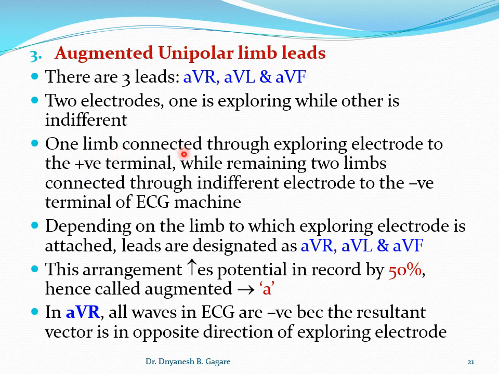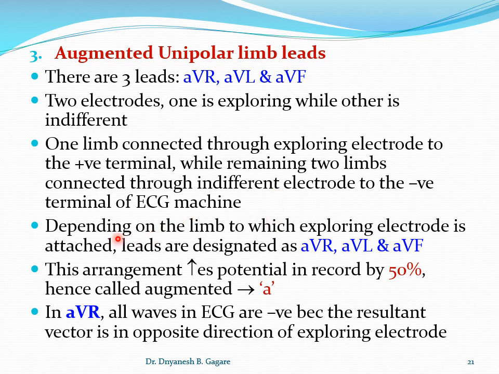And how is the indifferent electrode formed? The remaining two limbs are connected through the indifferent electrode to the negative terminal of the ECG machine. I will show the diagram again and explain there, but here you try to understand.